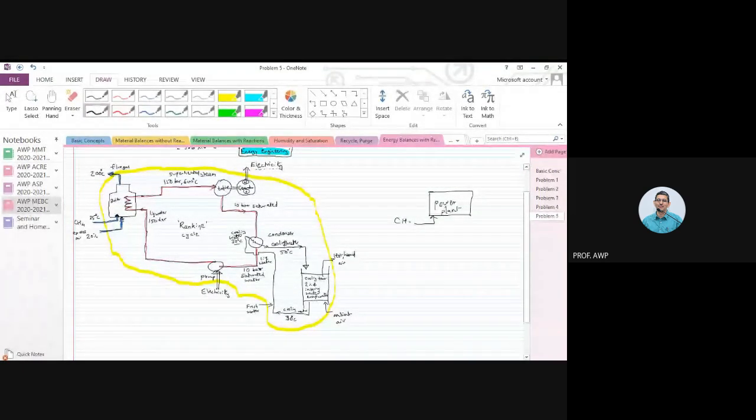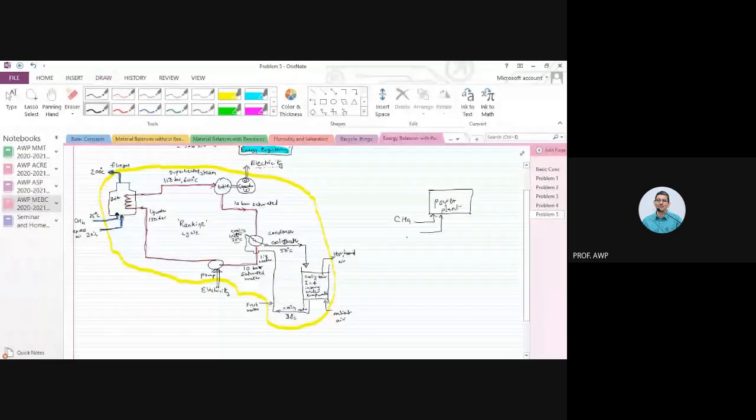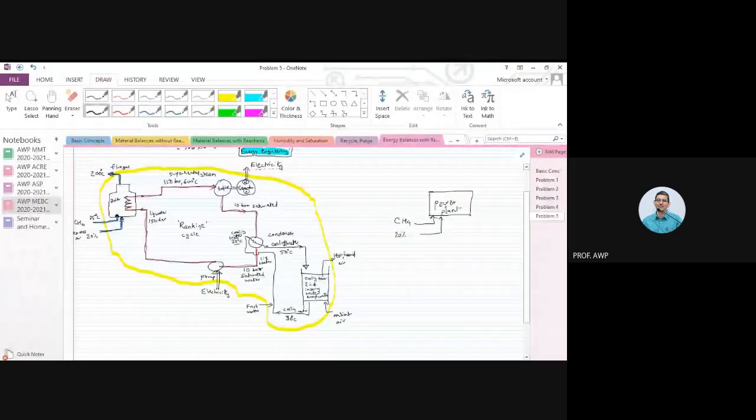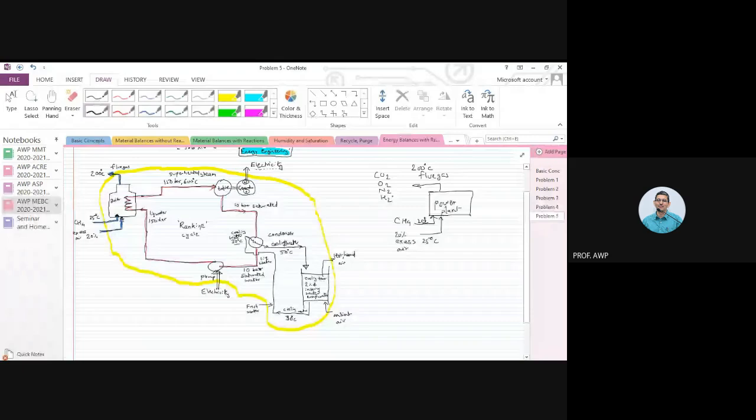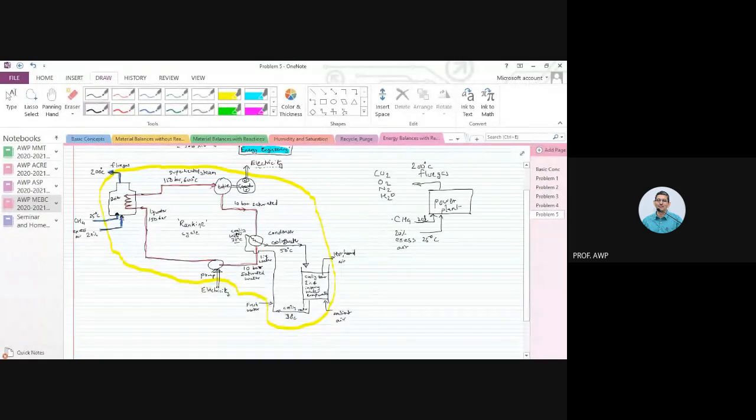Methane. And 20% excess air. Both are at 25 degrees centigrade. What goes out is flue gas, at 200 degrees centigrade. What is this flue gas going to contain? Carbon dioxide, oxygen, nitrogen, water, right? Because of the burning of methane.